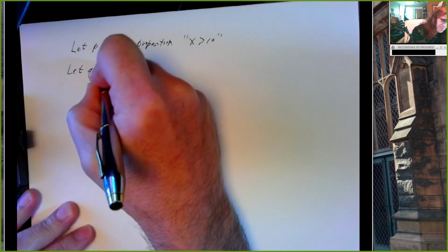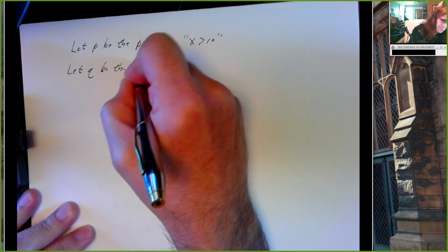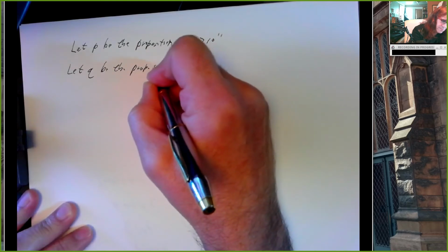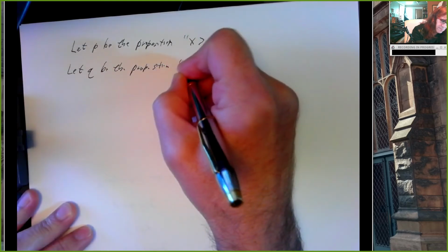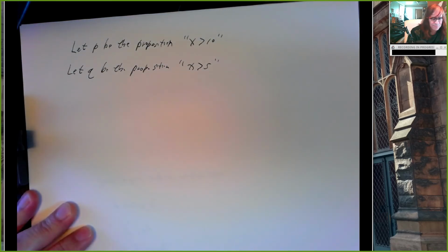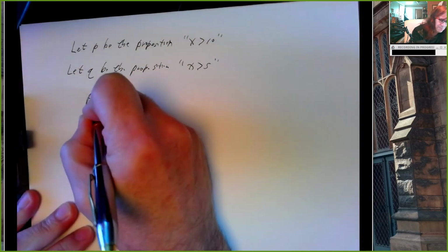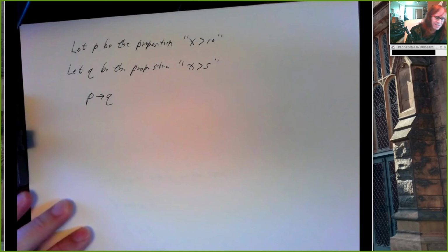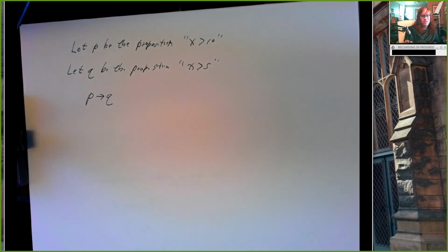Let Q be the proposition X is bigger than 5. Okay, let's think about the conditional. If P, then Q. What does that say? It says if X is bigger than 10, then X is bigger than 5.